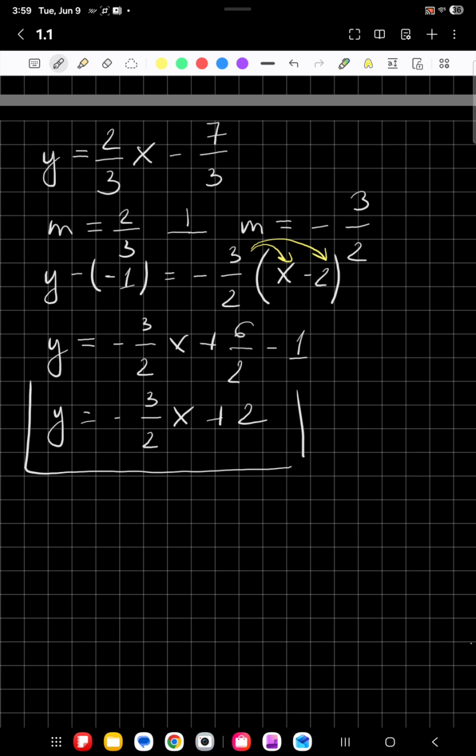Okay, so what we found is an equation. Yeah, so this was what I said. This is not really the original equation. This is the equation that passes through that point, right? So the original equation was -5/3, right?